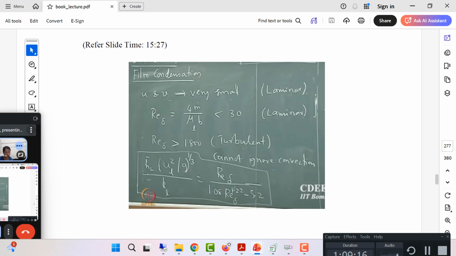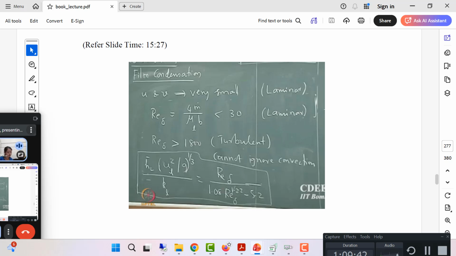If this is HL, this can be written as HL bar is equal to, into KL divided by UL square by G to the power 1 by 3.